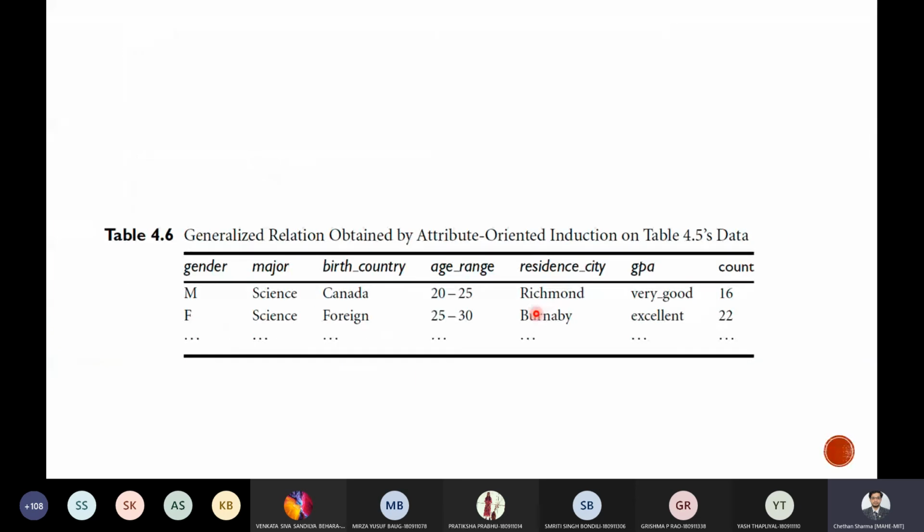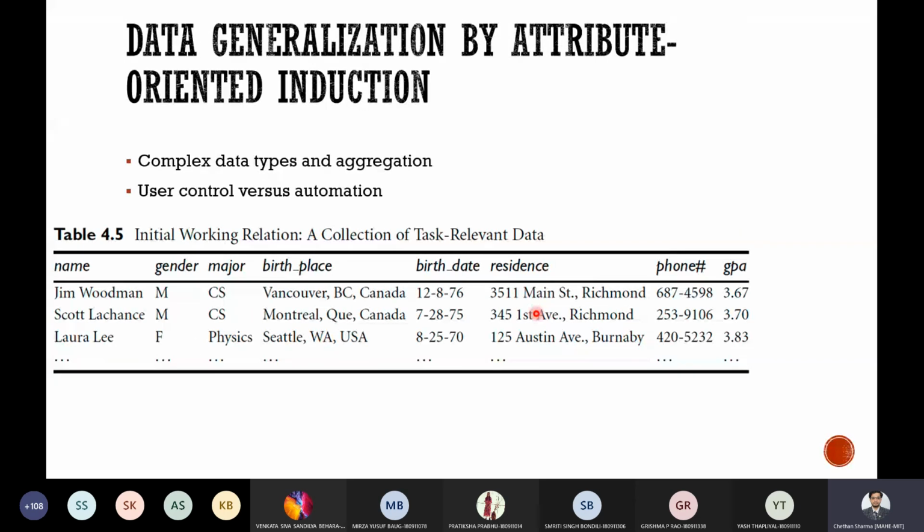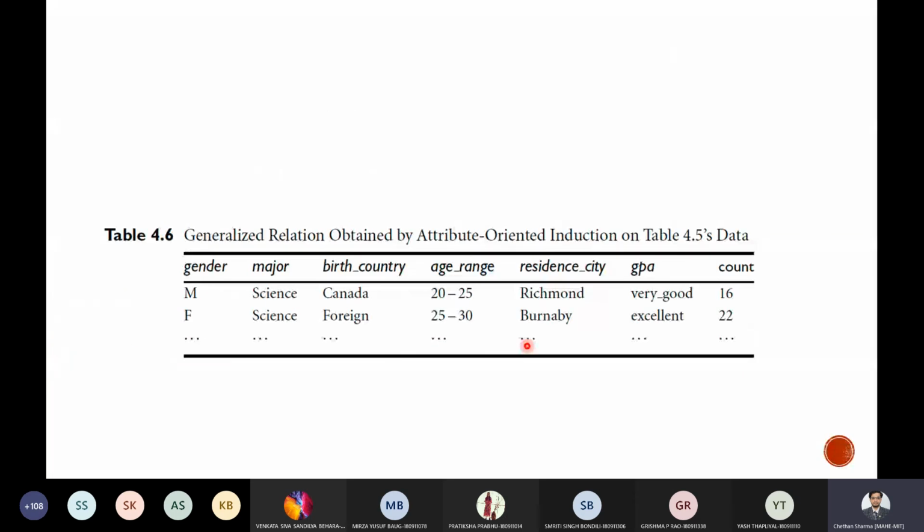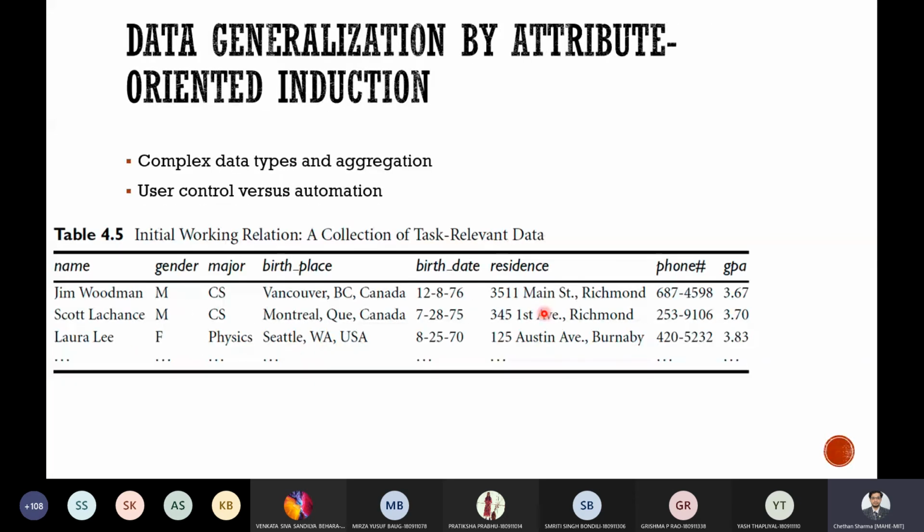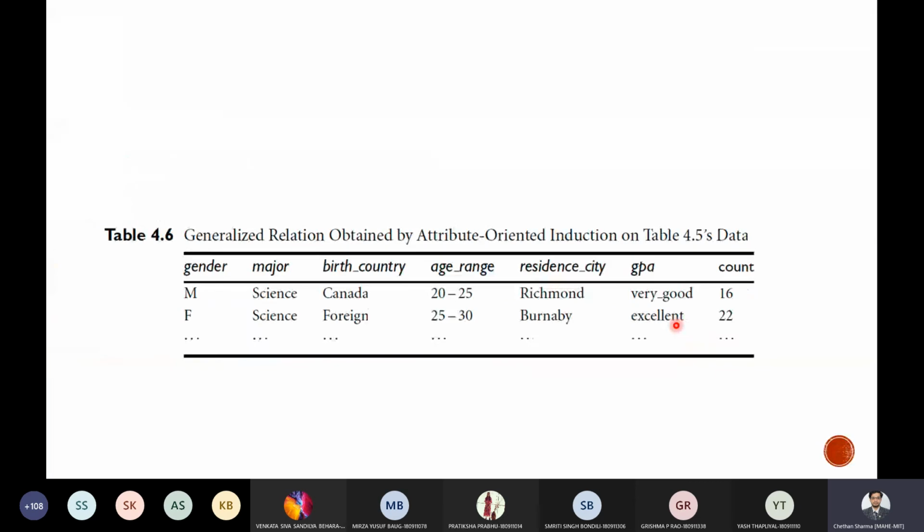So that is what they have done here: instead of residence with respect to street, make it residence city. The next attribute is phone. Again, phone number has too many distinct values. You have to remove it. So that is removed here, if you can see.